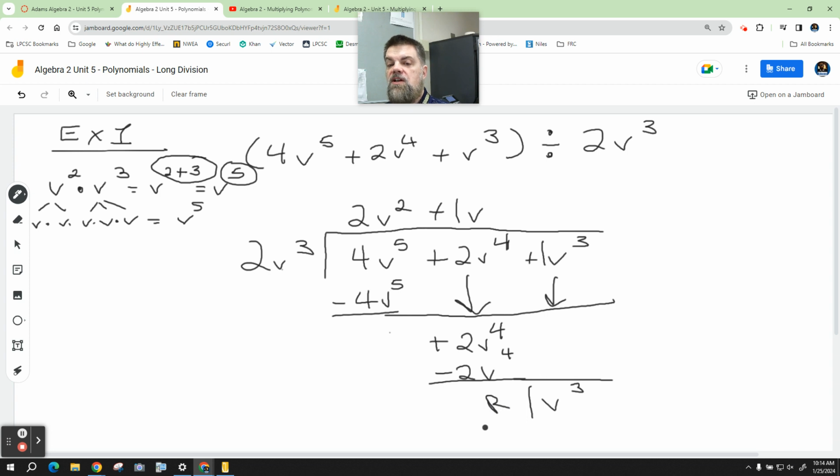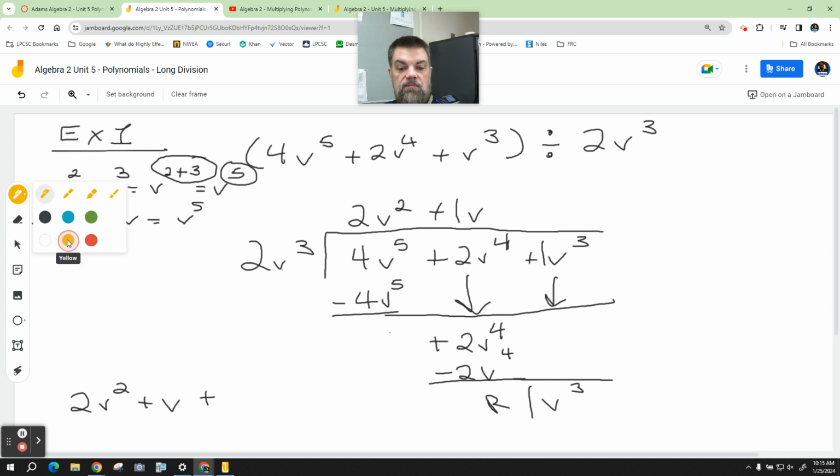So then what did we do with our remainder on our other problem? Well, our solution then would be 2v squared plus v plus the remainder, right? The remainder is 1v cubed.